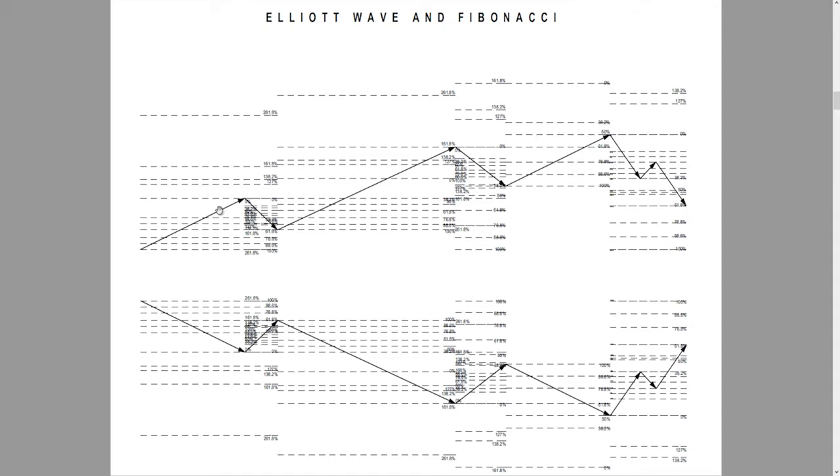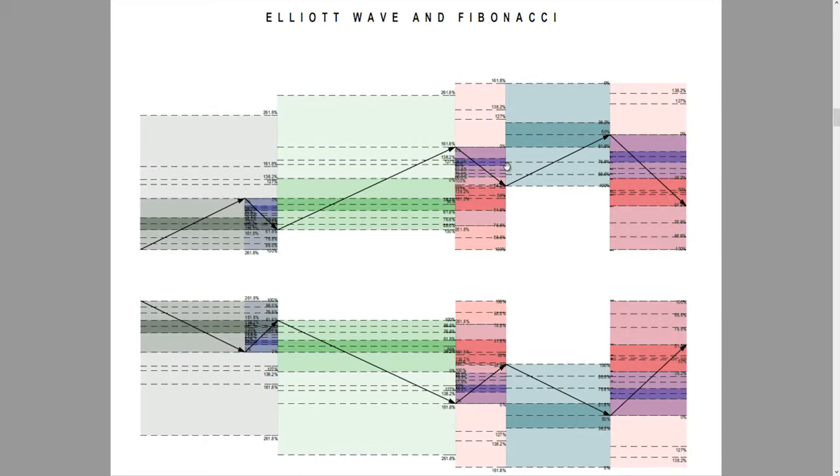Here I'm using symmetrical waves in the 1 and the 5. So this is the main Fibonacci for the retracement. This is the extension. This is the other Fibonacci for this retracement, and so on.